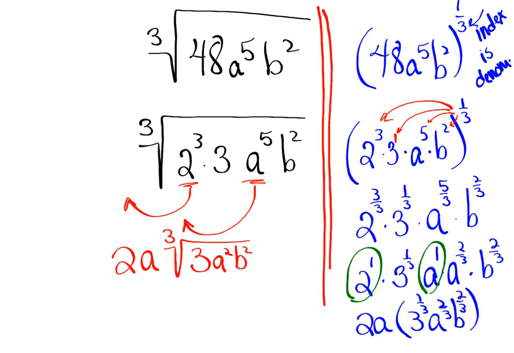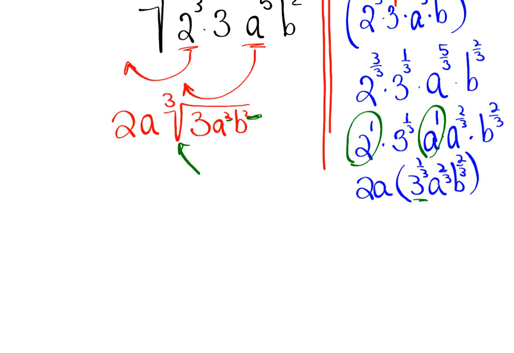Oh, look. I want you to notice this. 3 to the 1/3, remember 1/3 is a root, radical 3, index 3, a to the 2/3, b to the 2/3. So I have just rewritten this.